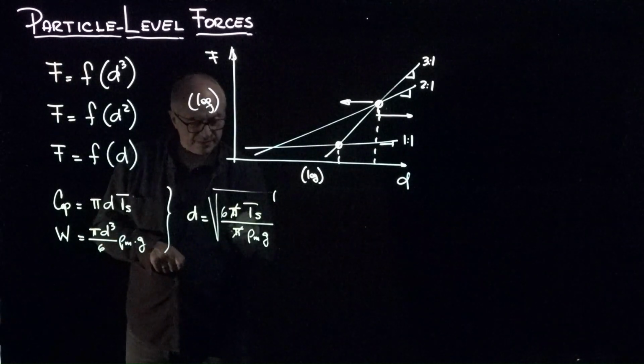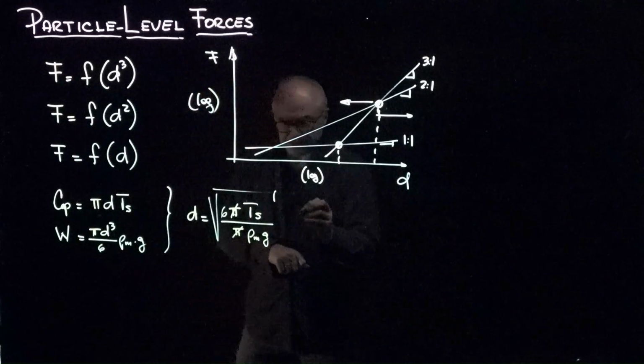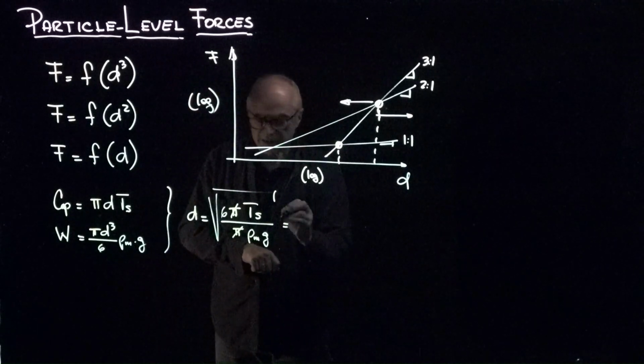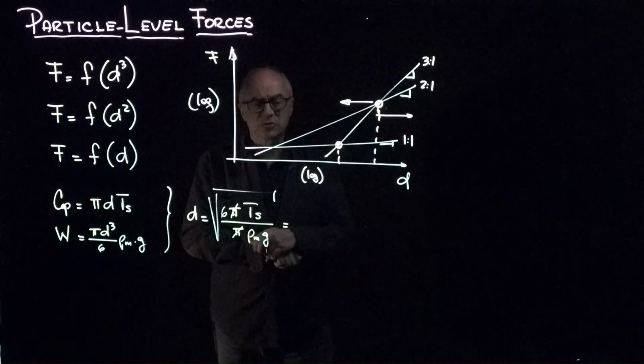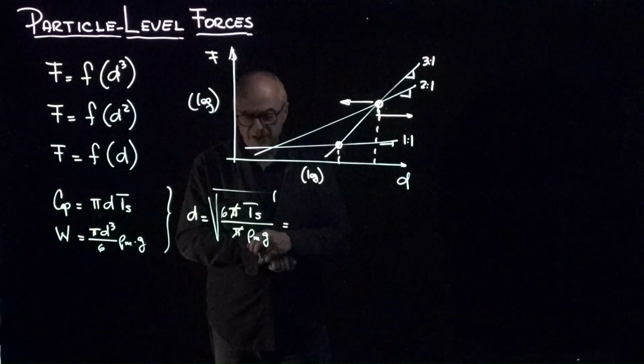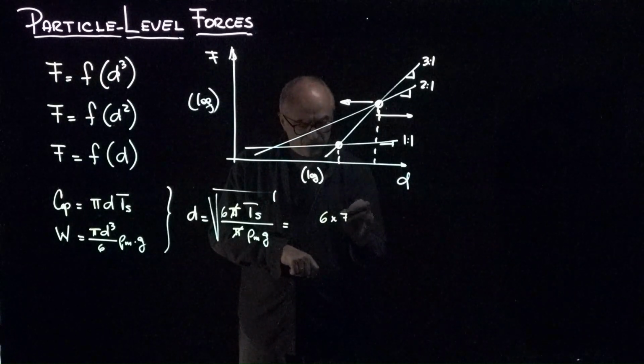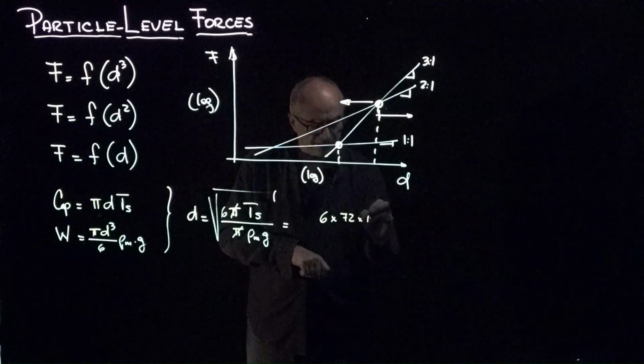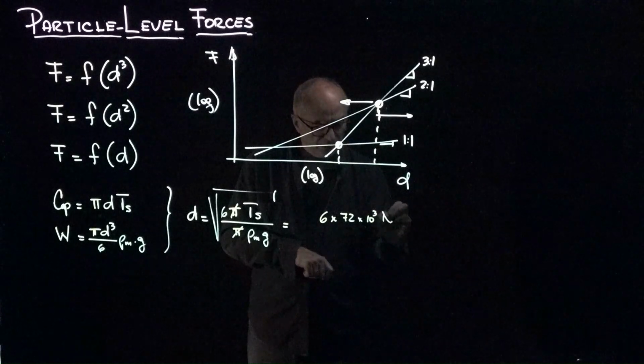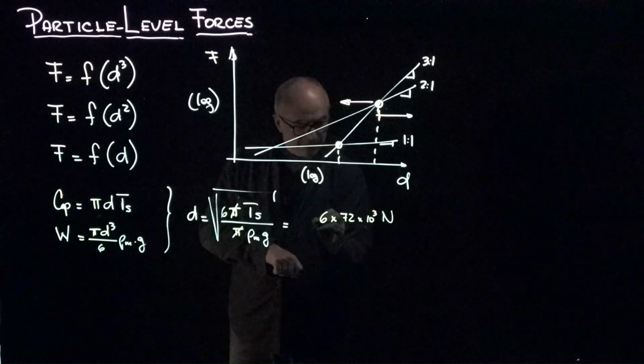The pi and the pi cancel out, and now the interfacial tension between air and water is 72 millinewtons per meter. So this is going to be 6 times 72 millinewtons, which is 10 to the minus 3 newtons per meter.